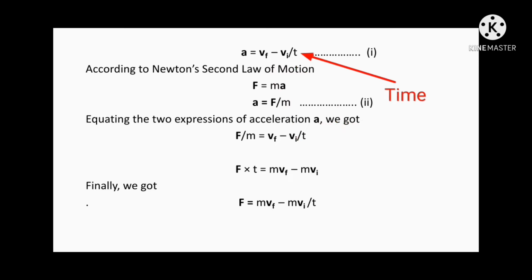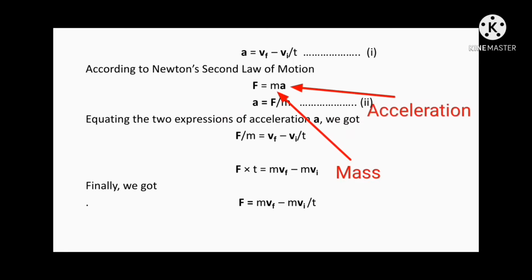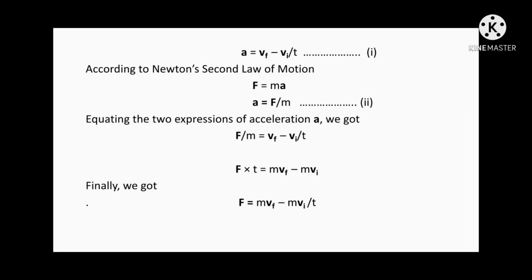Now, according to Newton's second law of motion, which is also known as the law of acceleration, we get F = ma, where F shows the force, m shows the mass, and a shows the acceleration. Now, rearranging this formula, we get a = F/m.